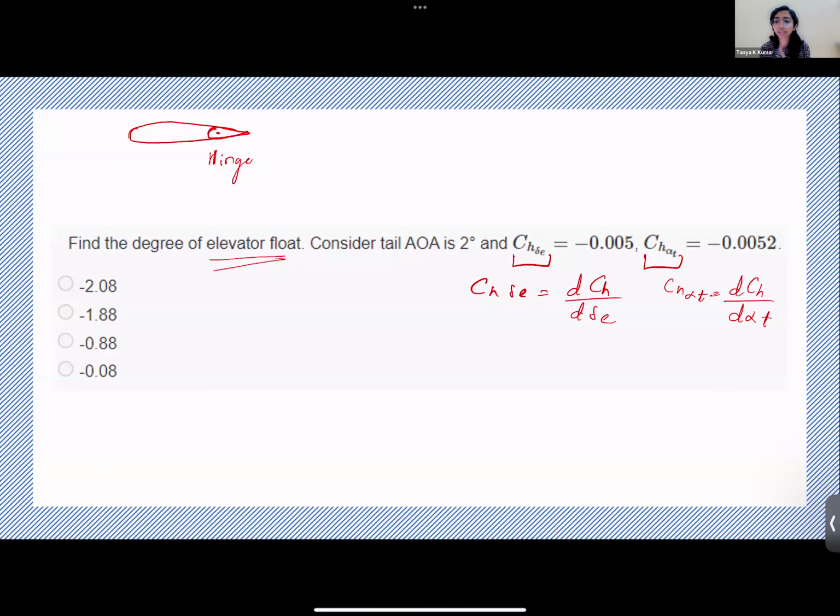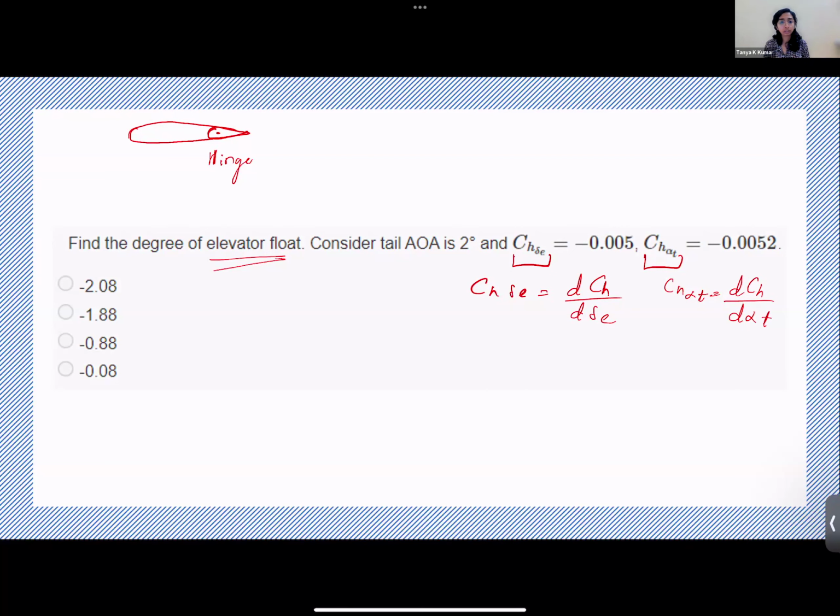That's true. But what does it mean when I say elevator float? Elevator is deflected upward and downward by the pilot giving some control, right? So when the pilot lets go of this control and the elevator is allowed to freely float, that angle is elevator float, right? So the effective moment at the hinge will be 0, correct?